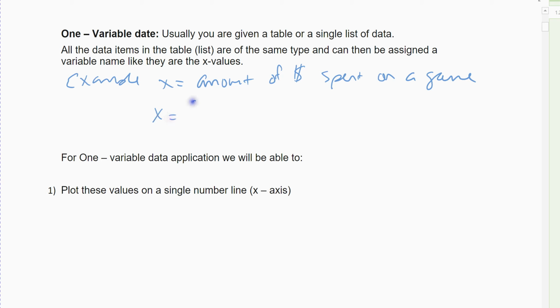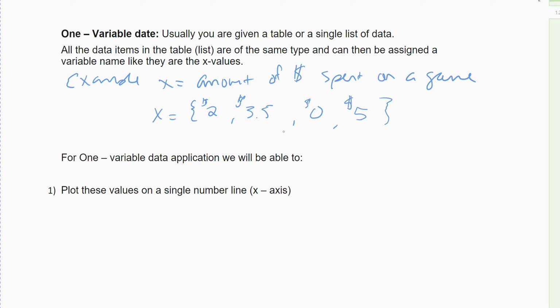Suppose one day you spent $2, another day you spent $3.50, another day you spent nothing, and maybe the fourth day you spent $5. So that's what we mean by a one variable set. Those are all dollar amounts, so they're the same type. I spent $2, $3.50, $0, $5 on this particular game over a day. So that's what we mean by a one variable data set.